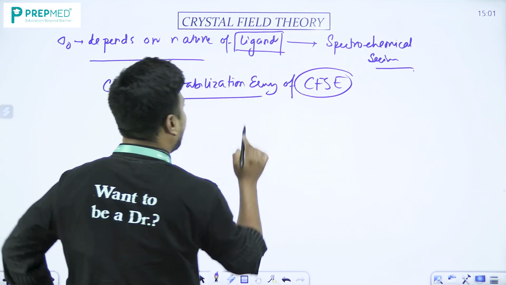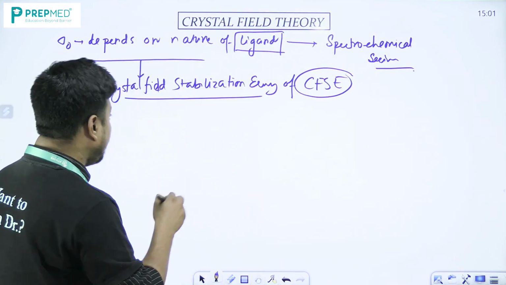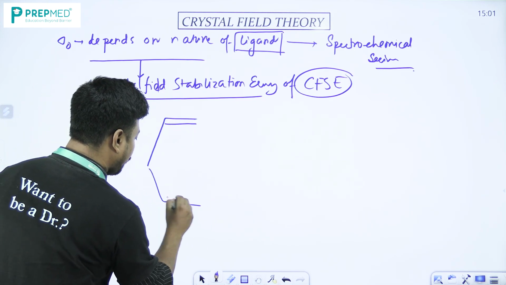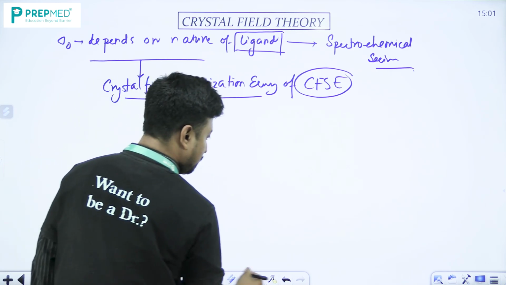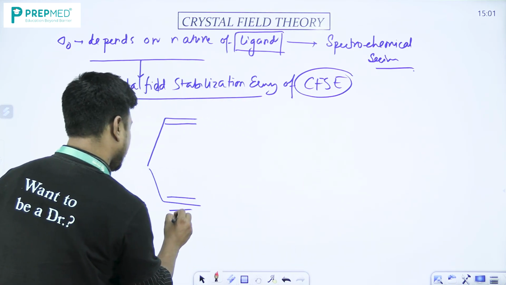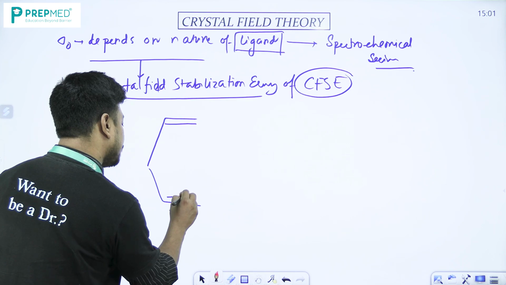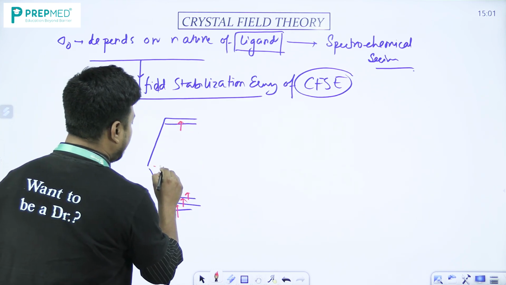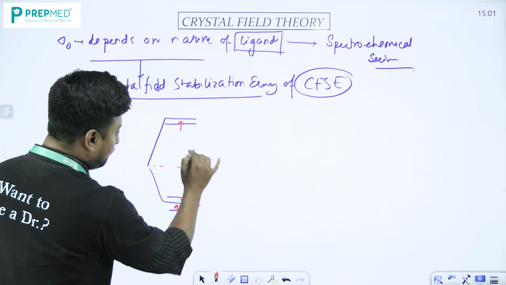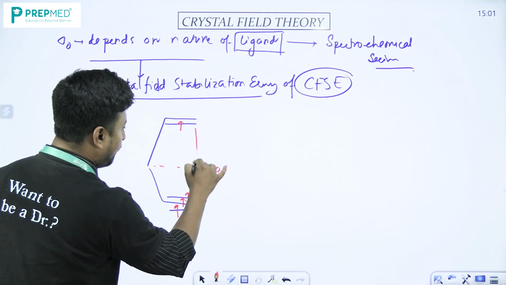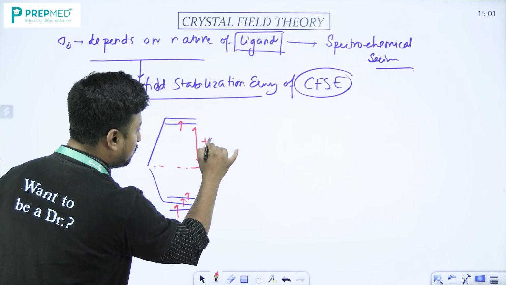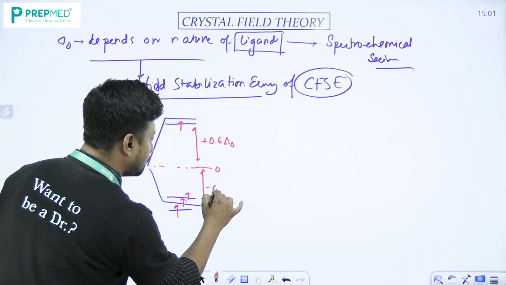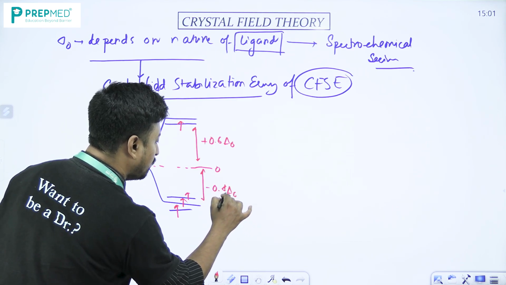Now, how do we calculate this? I will just use a simple example. Suppose I have these two states. Let's say there are 3 electrons here and 1 electron here. Remember one thing, this is your 0. Beta, this gap is plus 0.6 delta O, and this gap is minus 0.4 delta O. Correct?